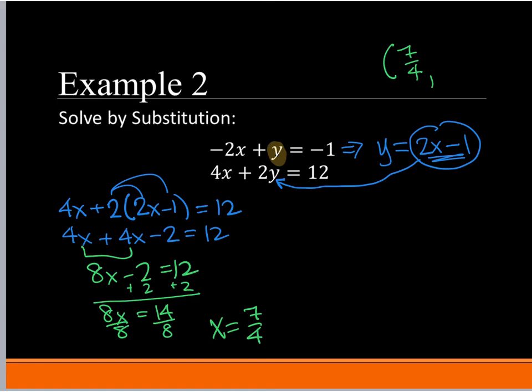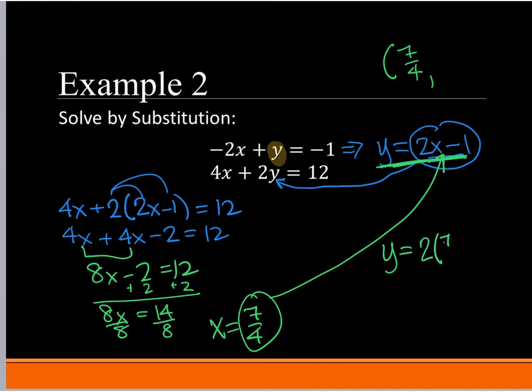So again, in my coordinate point, my x value is going to be 7/4. Now I have to solve for my y. Because I've already isolated my y up in this equation, I'm just going to take this x value and plug it in up here. So really, I have y equals 2 times 7/4 minus 1, and now I just have to simplify. 2 times 7/4, if I take a 2 out of here, a 2 will go into 4 2 times, this is really going to give me 7/2 minus 1.